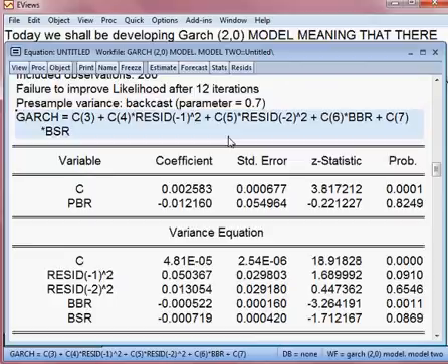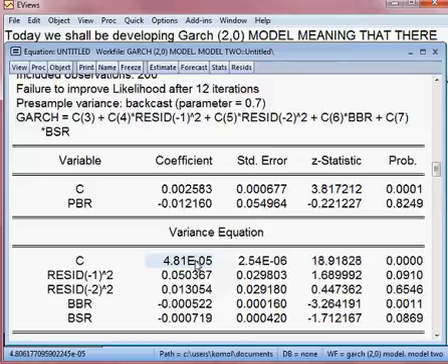So you can see from here, C3, C4, C5, C6 and C7.